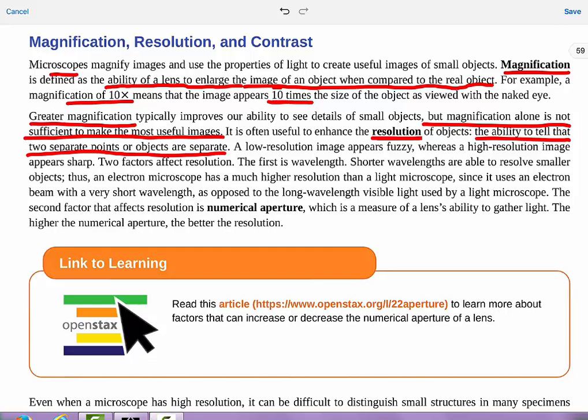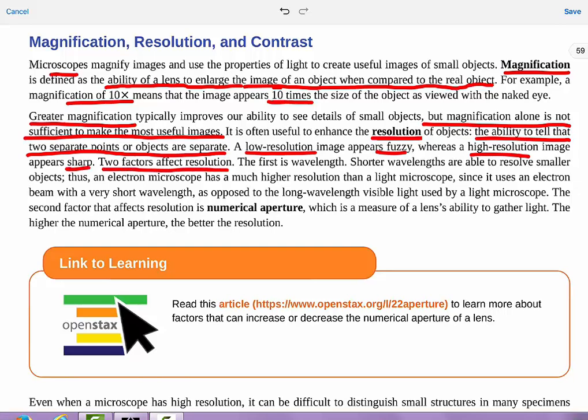If you took a high resolution video or image made on a small screen and blew it up to a big screen TV, we lose that resolution, right? It gets fuzzy. A low resolution image appears fuzzy, and it's hard to tell where the lines are between two different things, whereas a high resolution image appears sharp.